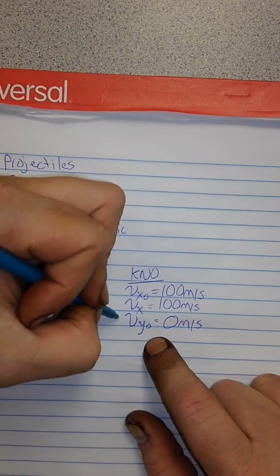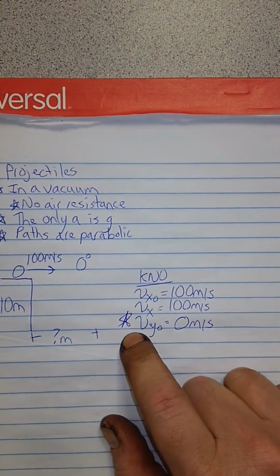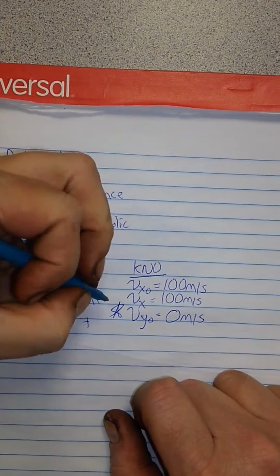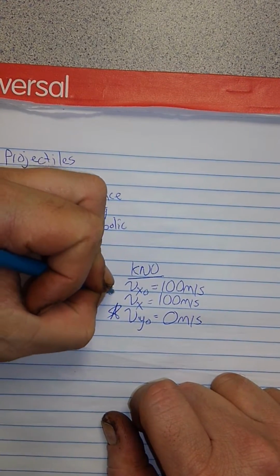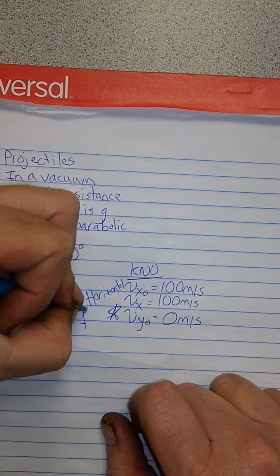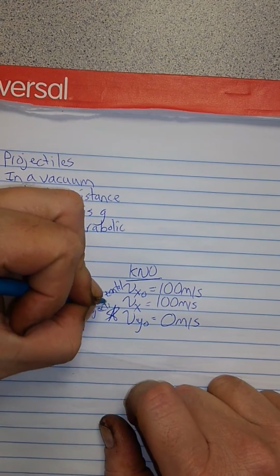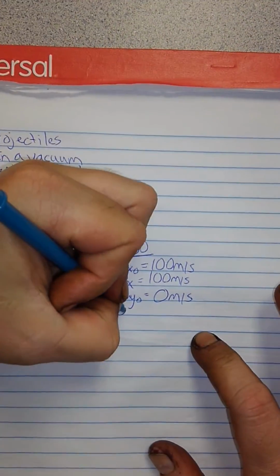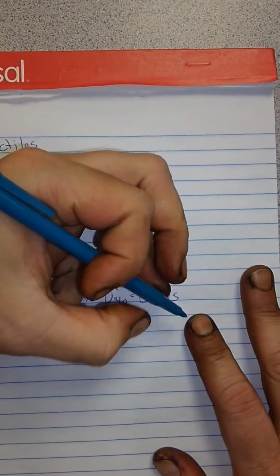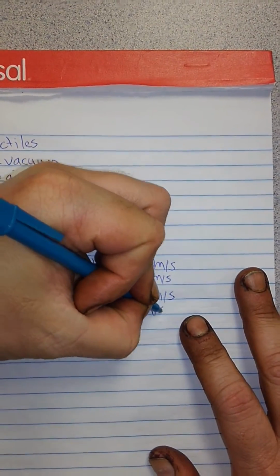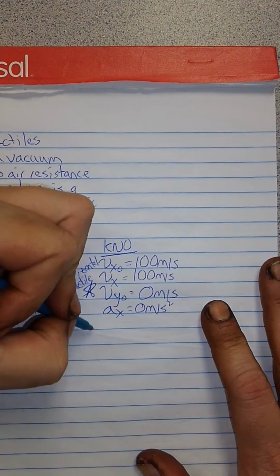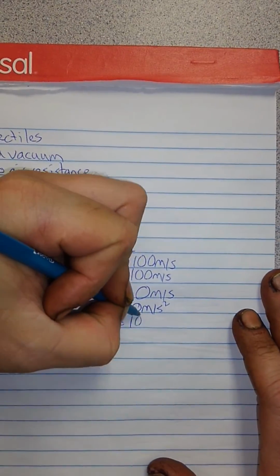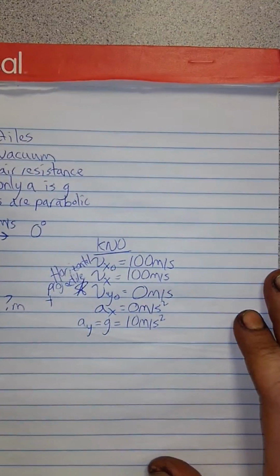I'm going to put a star next to this one because it's that important. Keep in mind this only applies to horizontal projectiles. Now, we've already mentioned it earlier, but there is no acceleration in the x direction. The y direction is going to be gravity, and I'm going to use 10 for that one.